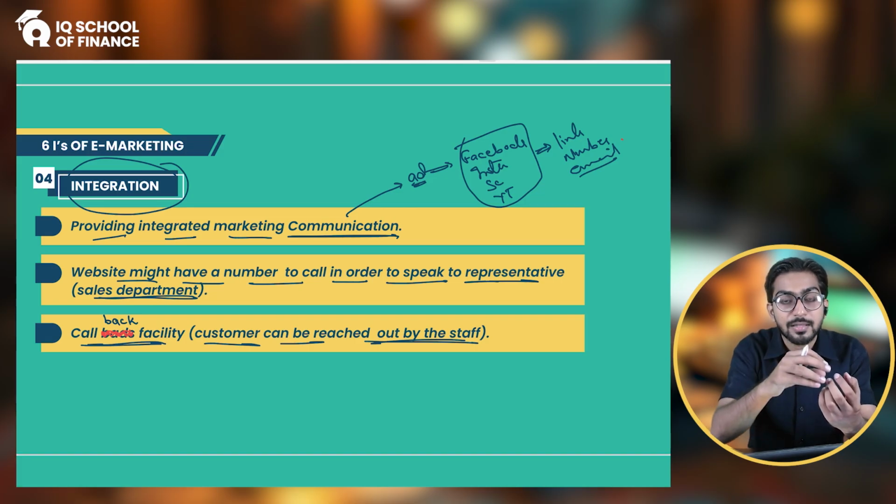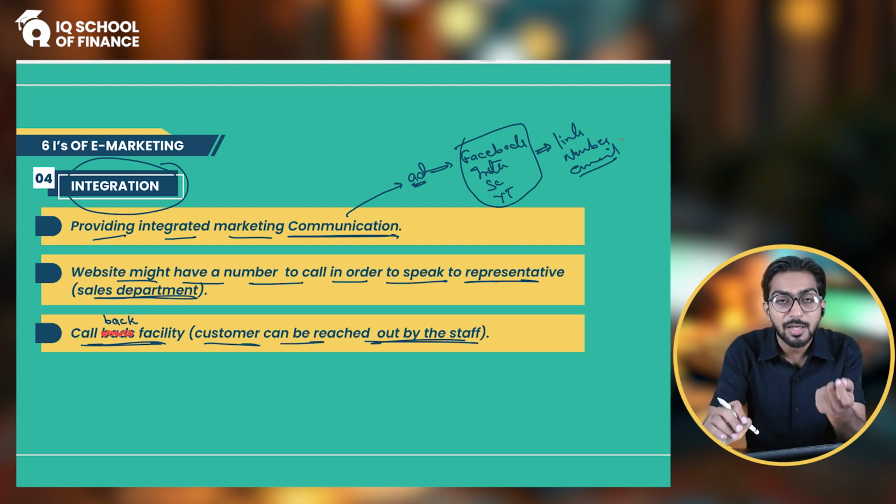The sales team will receive the data of the customer, and the sales representative will reach out to the customer: sir or madam, we noticed that you were looking for this XYZ product, and what was the problem, what was the difficulty you were facing, or why did you not make the purchase? Tell us. Maybe the customer needed a size which they were not getting, maybe the color was not there, maybe the price was too high.